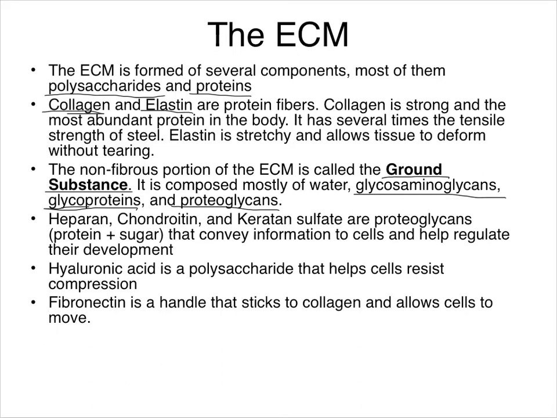These are by no means the only things found in the ground substance, and some things, like bone and cartilage, might have special components in the extracellular matrix, but in most fibrous connective tissue, these are the main components you're going to find.